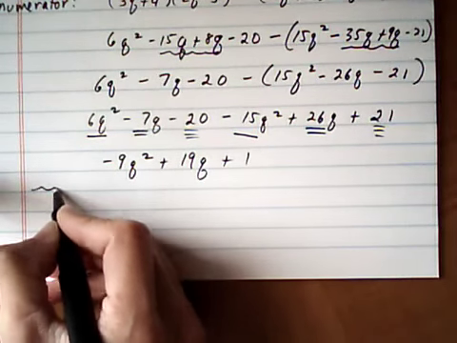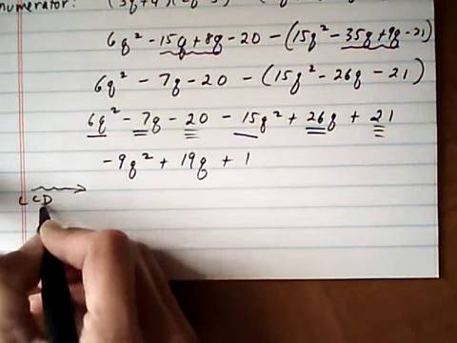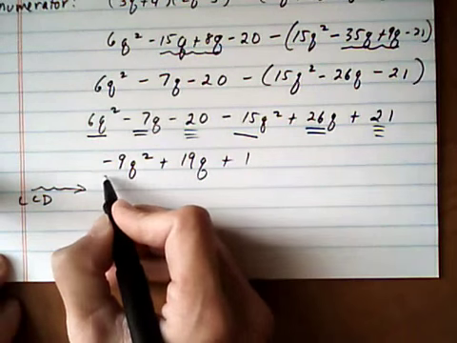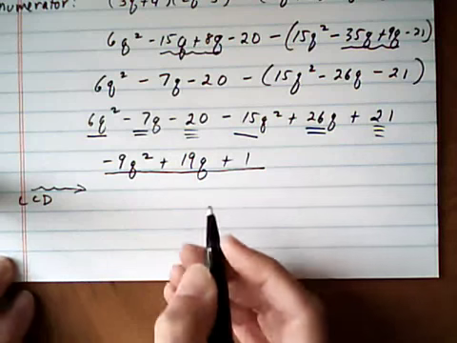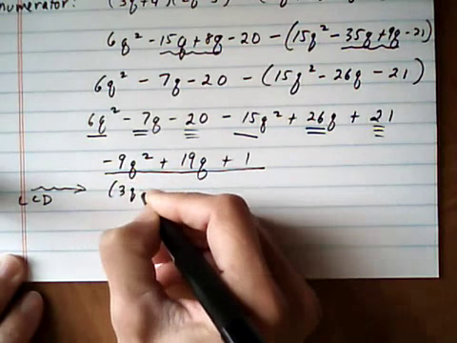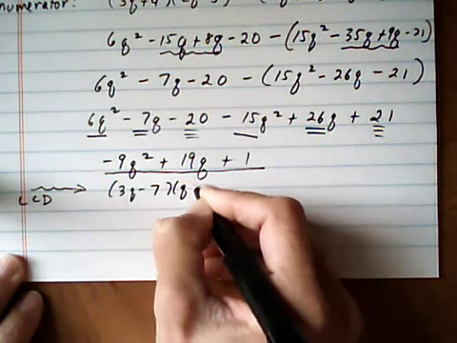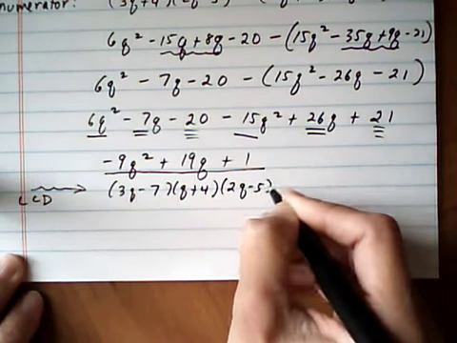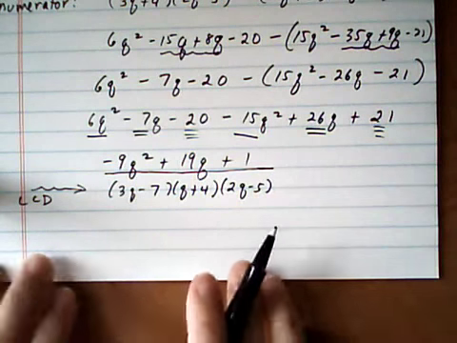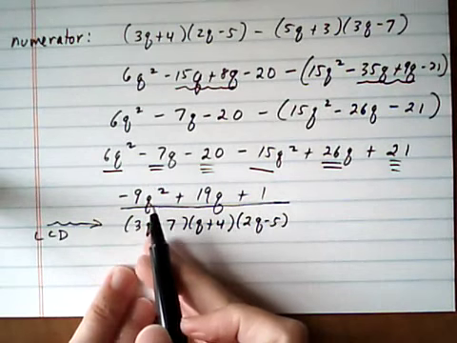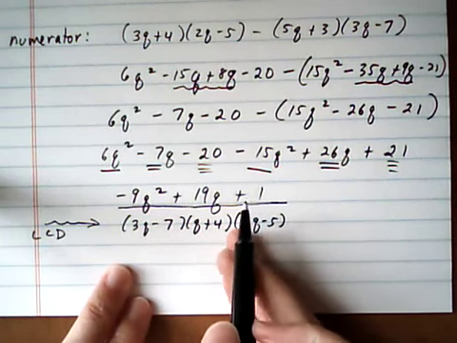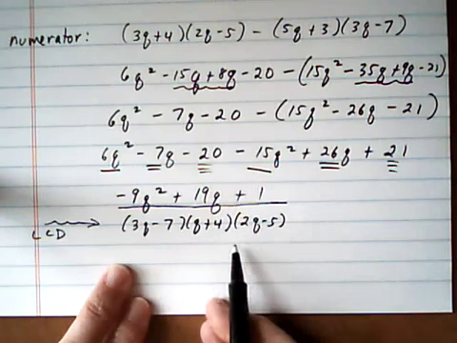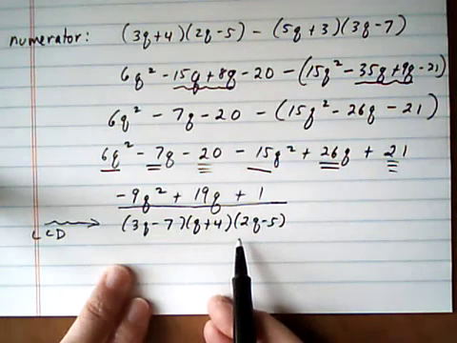And now we're going to bring the LCD back into it, because that's our simplified numerator. So the LCD is 3q take away 7, q plus 4, 2q minus 5. And at this point, you would want to see if this numerator can be factored. And if it can be, then you factor it and see if you can cancel any pieces, any common factors.